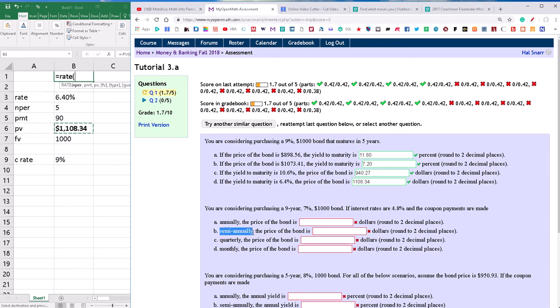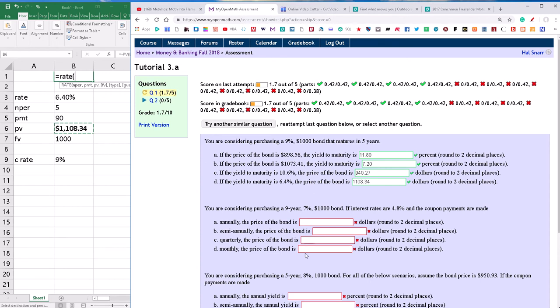We have 9 years of biannual payments, so 9 years of 2 payments a year. So 9 times 2 is 18 payments. And then we have 4 payments per year over 9 years, or 36, and then we have 9 times 12 payments. So what we're doing is allowing the number of payments to go from 1 per year to 12 per year. And then everything else is being held constant.